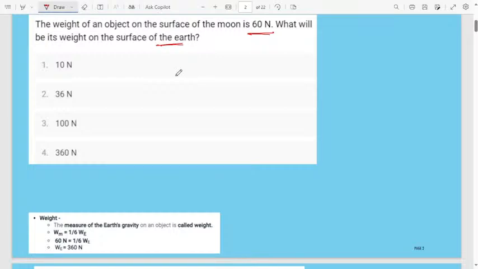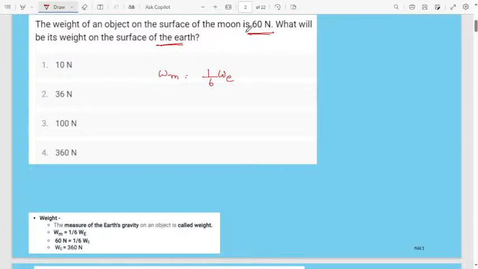Already you know the weight of any object on the moon is 1/6 of the weight of the object on the earth.